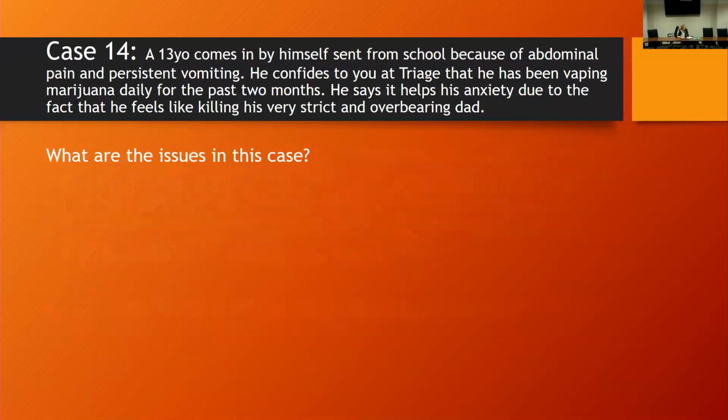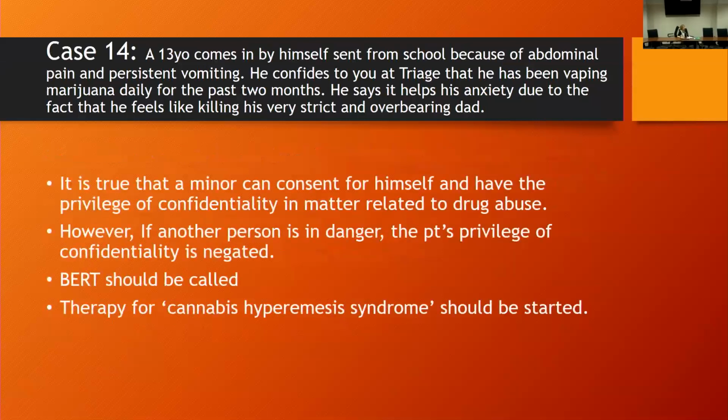So the issues are, well, he's a minor, but he does have this drug thing that should be confidential. On the other hand, the fact that he's got homicidal ideation puts all confidentiality out the window. True, consent for himself, but if another person is in danger, obviously you call a bird.